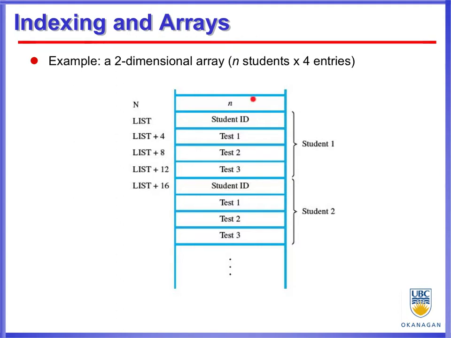The first memory word is the number of students, because we have to know how many students, so that's stored in this first memory location. Then comes the student ID number for the first student, her results in 3 tests, and then student number 2's ID and results for 3 tests, over and over again. Let's imagine that's how our data is organized in memory.